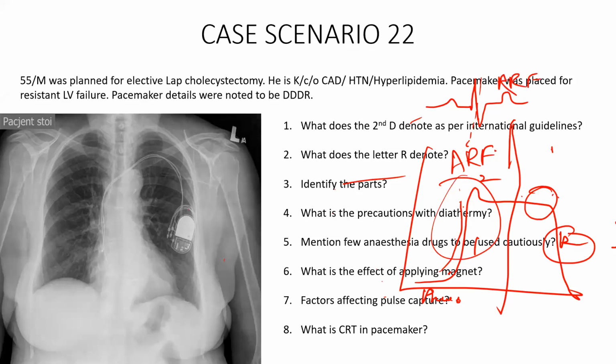When the heart is in the relative refractory period and there is an ectopic focus firing, when that reaches the heart it will produce another stimulus again. These two stimuli will club together and eventually result in ventricular tachycardia or ventricular fibrillation. This type of phenomenon is called the R on T phenomenon.